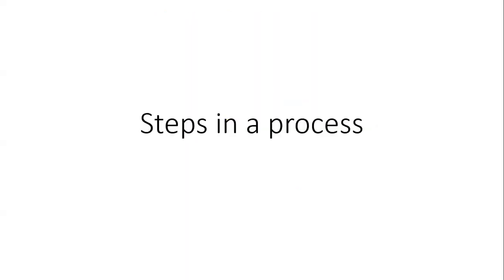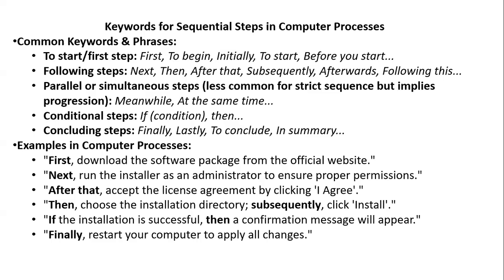Now let's talk about something that is more practical: steps in a sequential process. Well, first, we have to know that there are keywords. The title here is Keywords for Sequential Steps in Computer Processes. Everything that has to do with computers, as far as I know, is about processes that are going on or not going on, right?